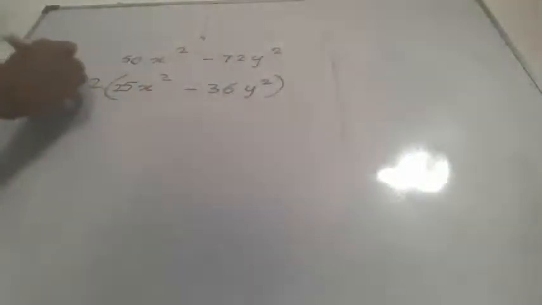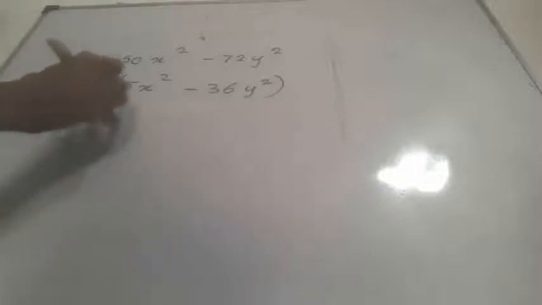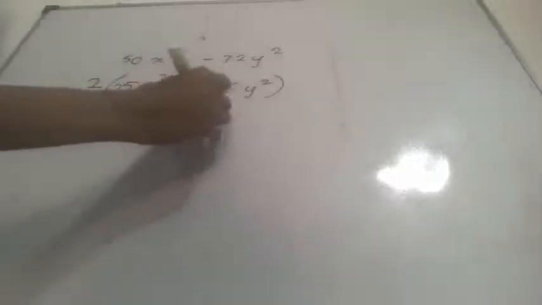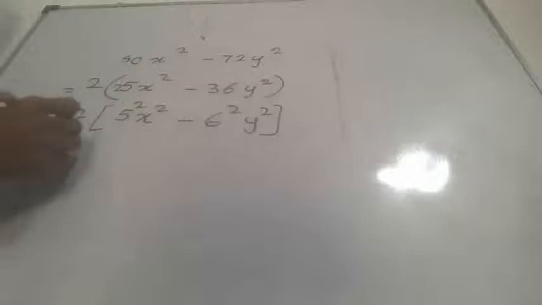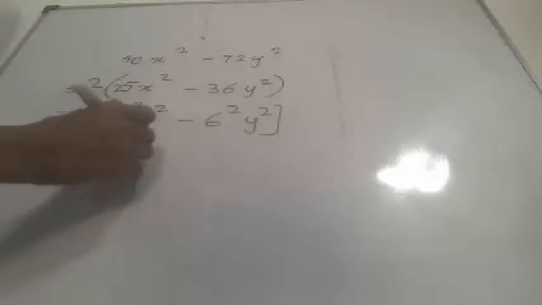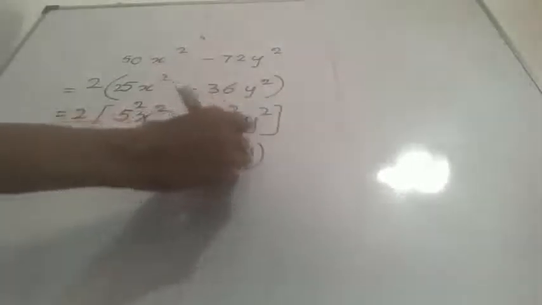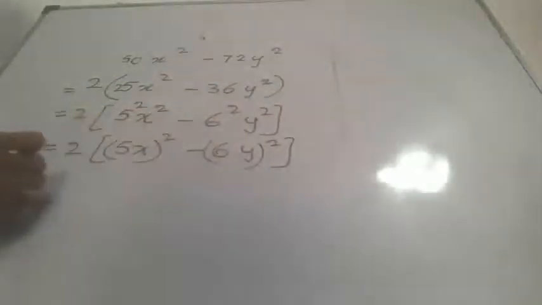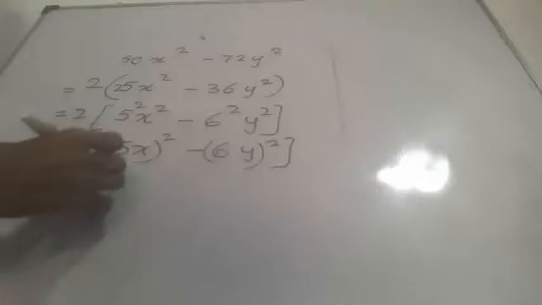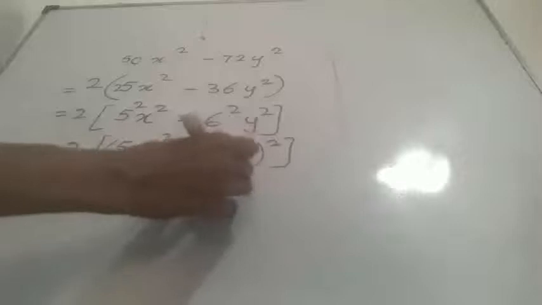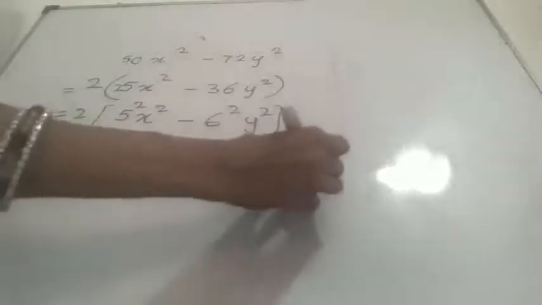Subtract 36 y squared. 25 is 5 squared x squared, 6 squared y squared. 2 times 5x squared subtract 6y squared. 2 times 5x plus 6y, 5x subtract 6y.